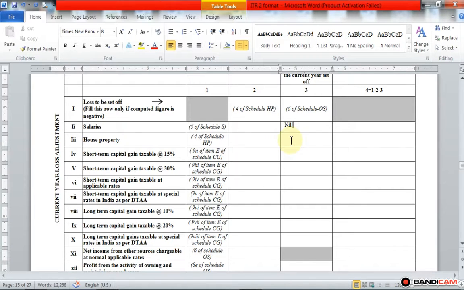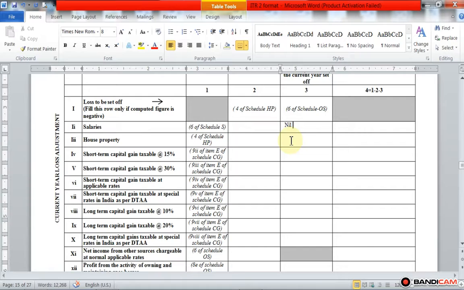But in some cases we have to set off some losses against salary income. Got it? For example, income from house property: the loss of house property can be set off against the income from house property. If the loss of house property cannot be set off against income from house property, then we go to another head, that is income from salary.